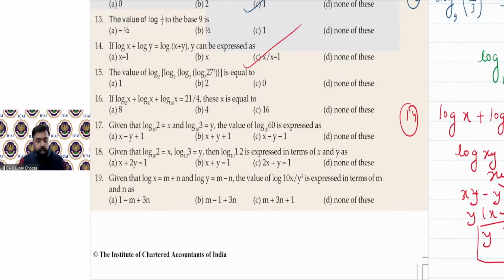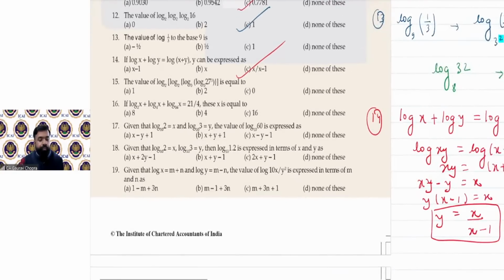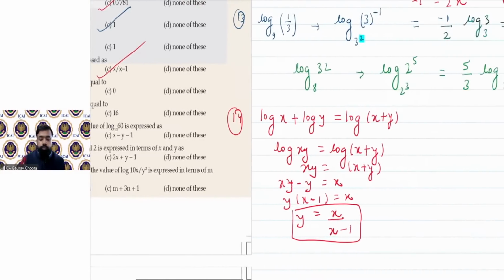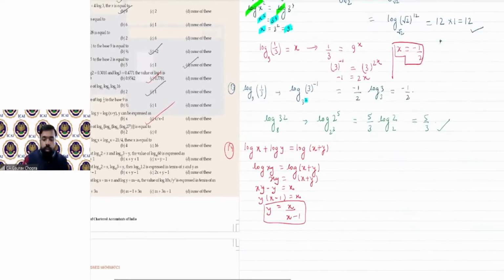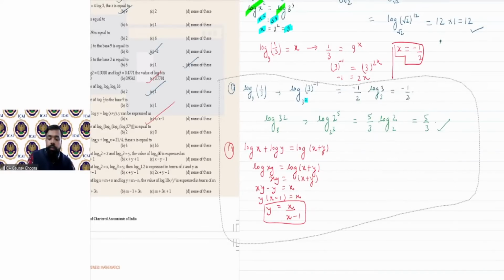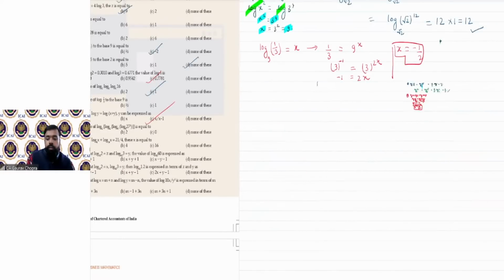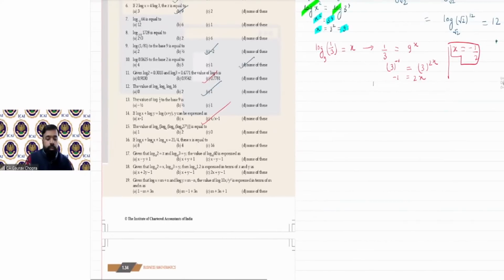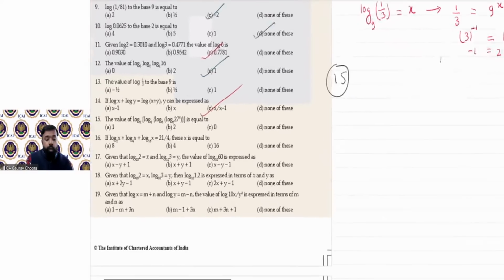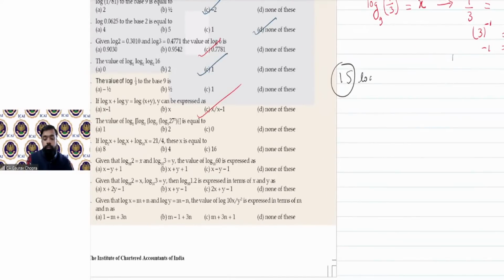So this is done. Now let's try the 15th also. Question number 15. Let's make some space. 15th one: log base 2, again log base 2, log base 3, and then one more log.